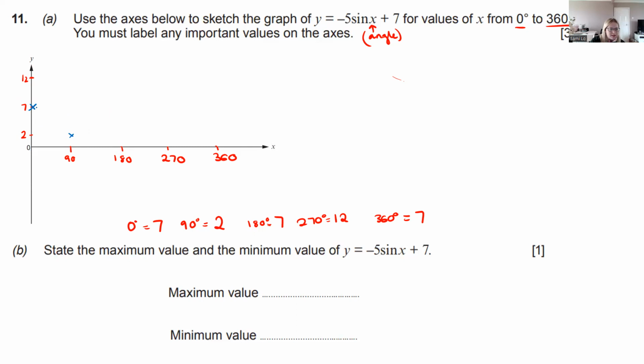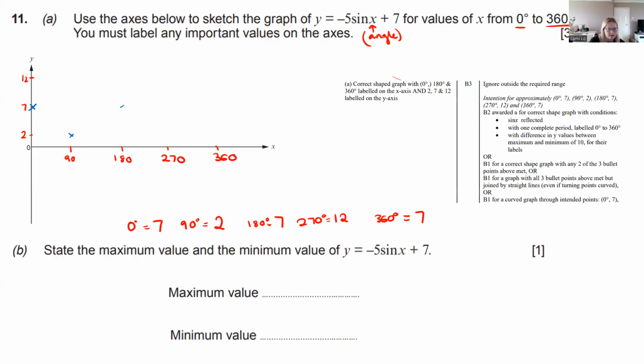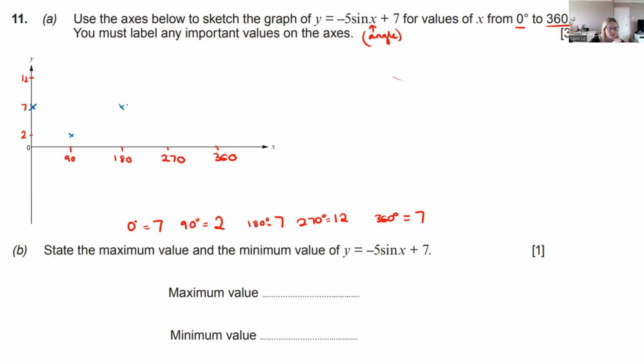You don't technically get marked down if you don't plot the points and you just draw it, but I think it's important to do that. And 270 goes up to 12. Yours will probably be a bit clearer than mine because I'm trying to do it on a computer, which is always fun to do.